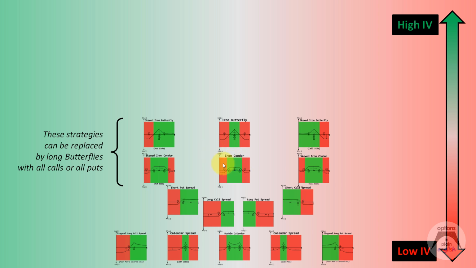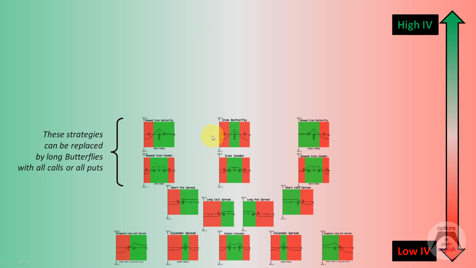We can have a broken wing condor on the put side, or on the upside. I like the iron versions better because everything is out of the money. So it's a little bit better from the standpoint of liquidity and bid-ask spread. You're going to get better prices, but you can certainly establish these same strategies with all calls or all puts by using long butterflies instead of the iron versions.